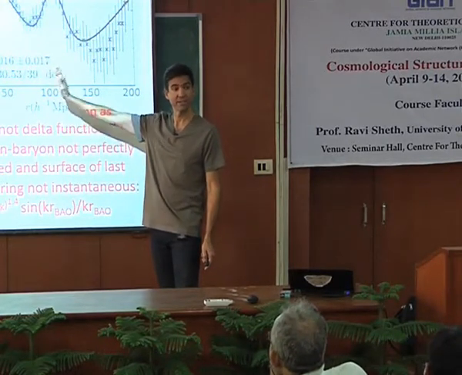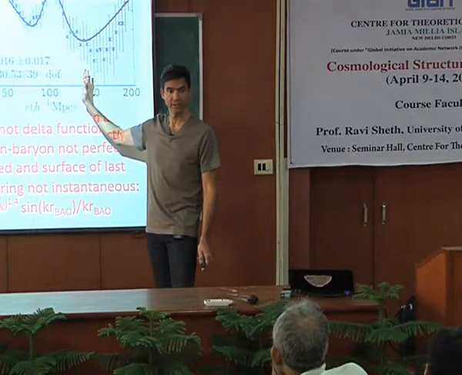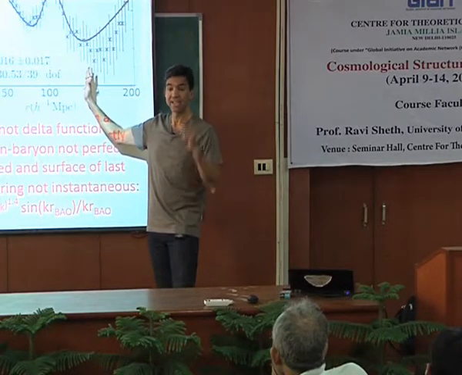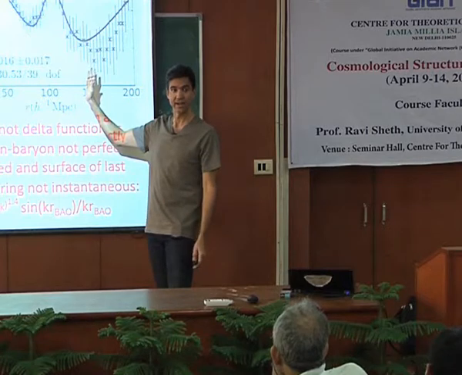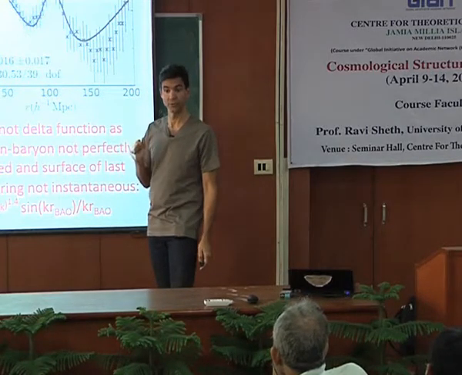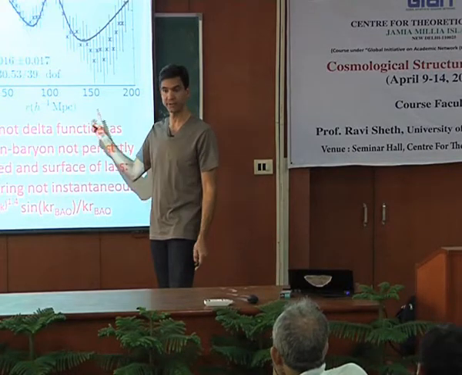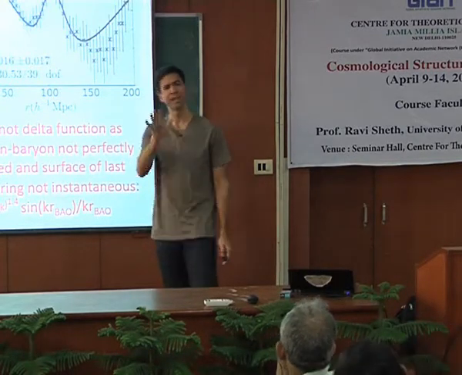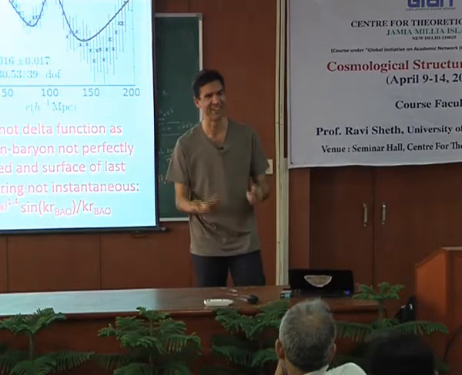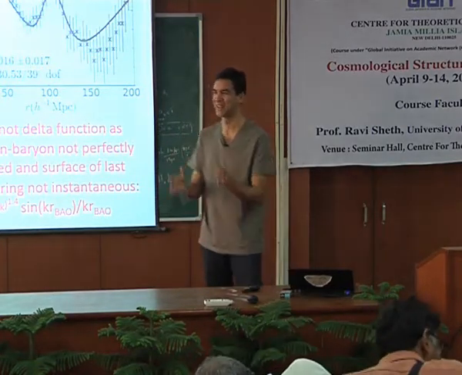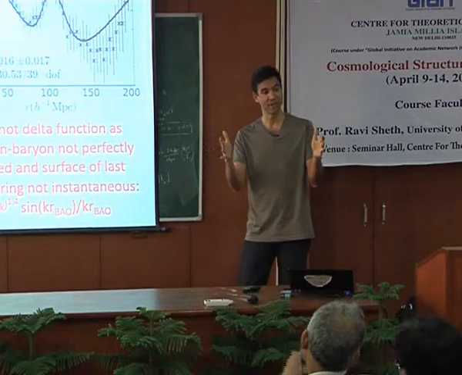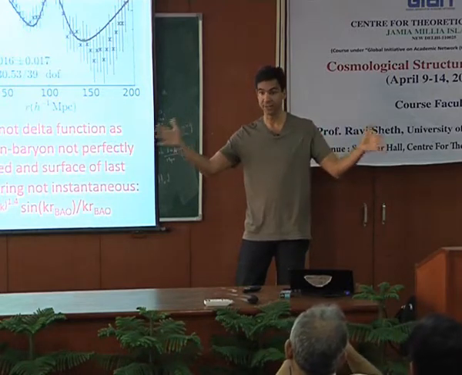But if the delta function is not at 0, then it's an e to the i, right? And that looks like the J0. So that's why I wrote the J0. It's the Fourier transform of this. If you don't like imaginary numbers, you can think like this: if you have a shell, it is the difference of two spheres.